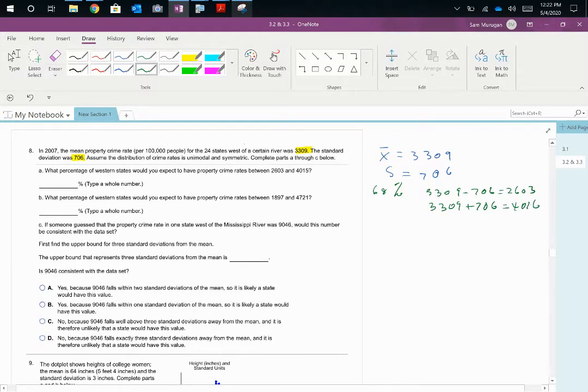So this is clearly one standard deviation, or 68%. Now let's check 95%. 3309 minus 2 times 706, and 3309 plus 2 times 706. In the calculator, we get 1897 and 4721, which is clearly 95%.